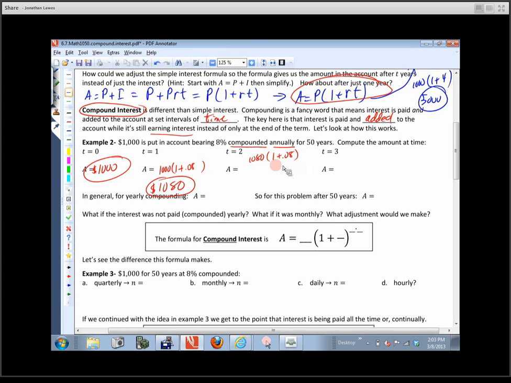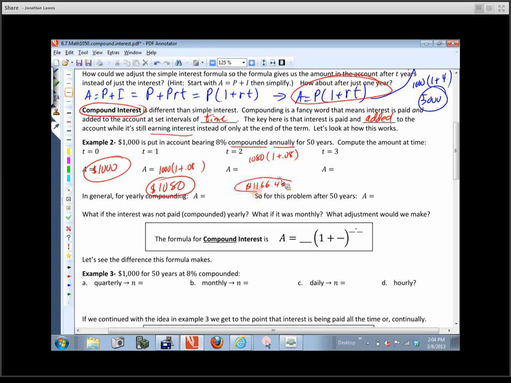We get all of that back, 100% plus 8%. So we do 1,080 times 1.08. What do you get? I did say grab your calculator, right? What is it? 1166.4. Is that right? Did I get that right?